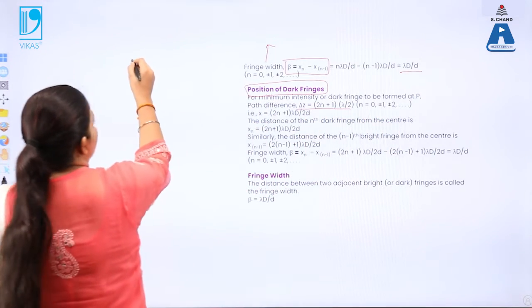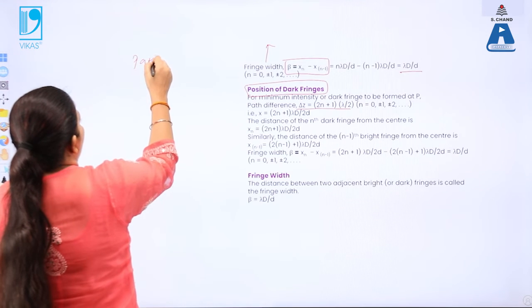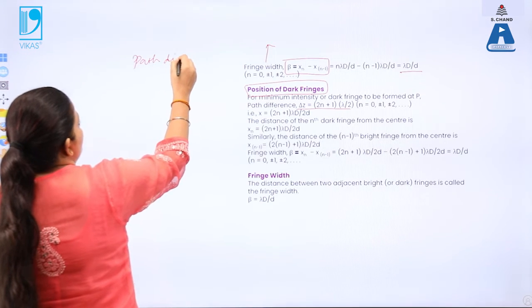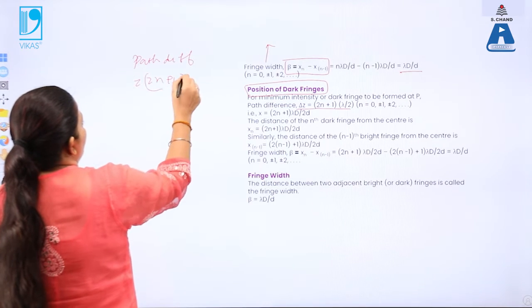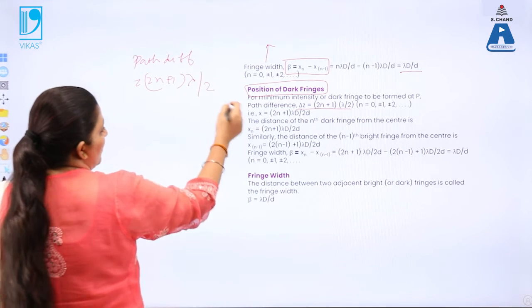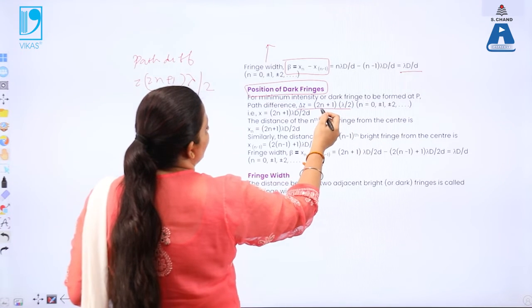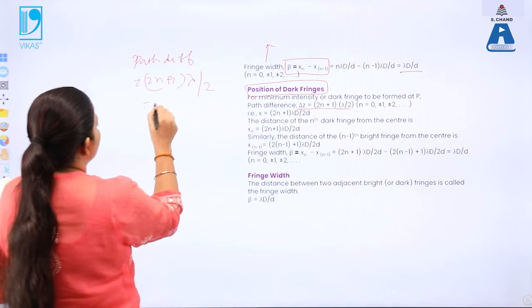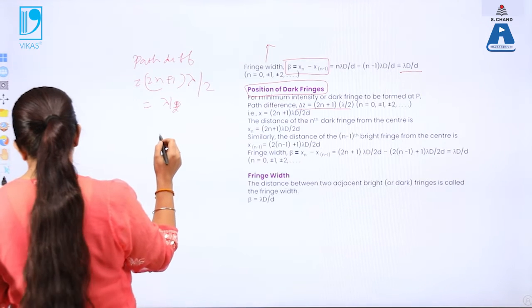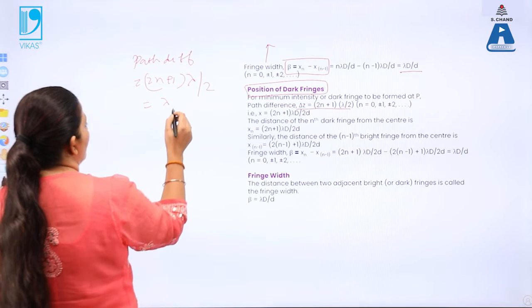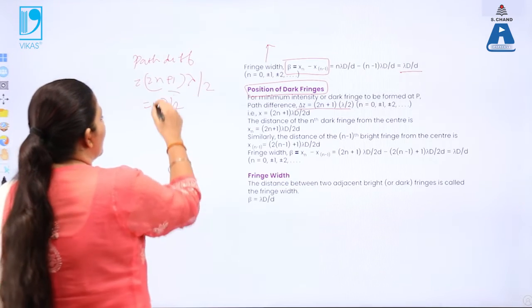Now the path difference, when we put n equals 0, we will get lambda by 2. That means the path difference will be lambda by 2, which corresponds to the condition for minima over here.